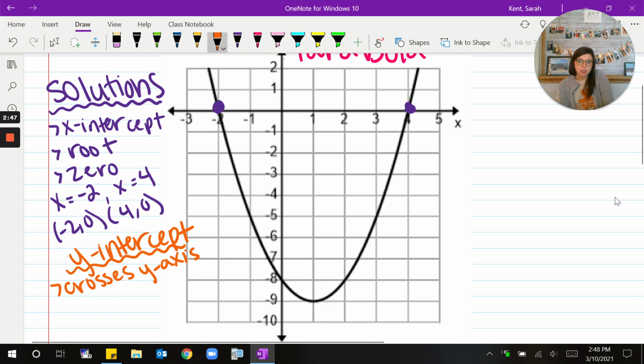So if I look, here's my y-axis going up and down, and my parabola crosses right here at -8. So for my y-intercept, I would write this as (0, -8).